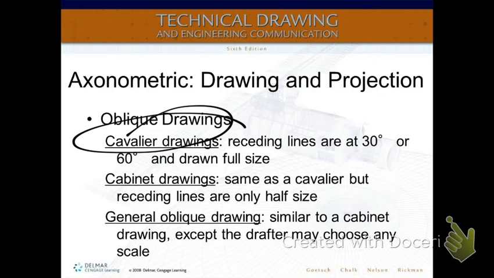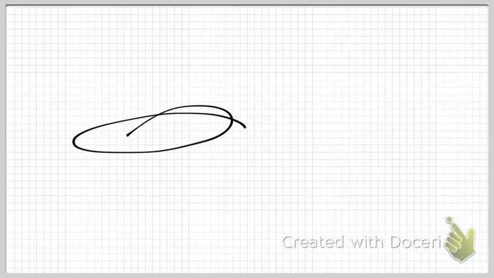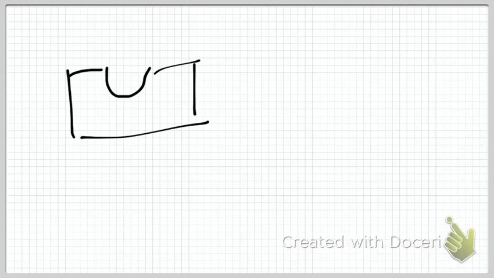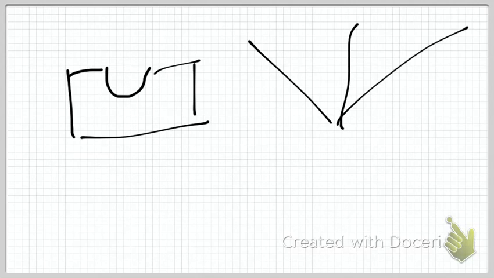All right, so let's look at an example of what I would do. If I have a shape that's something like that, with an isometric, we would go like this and draw it.